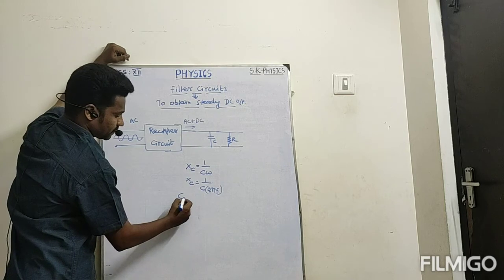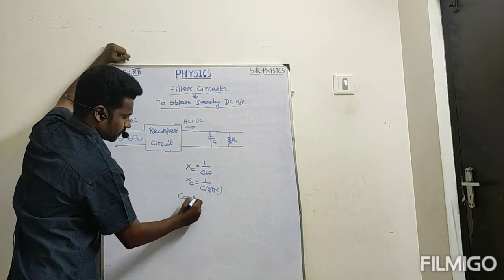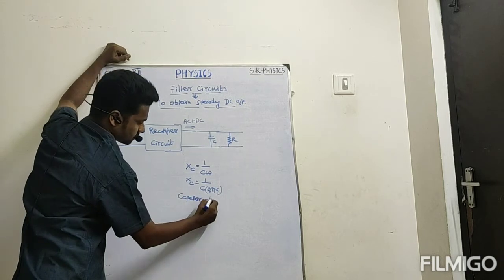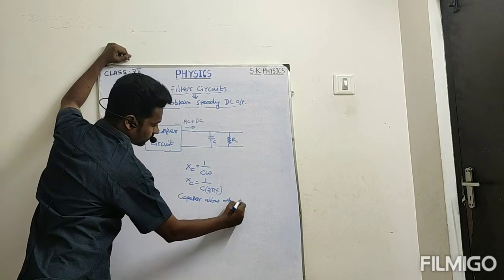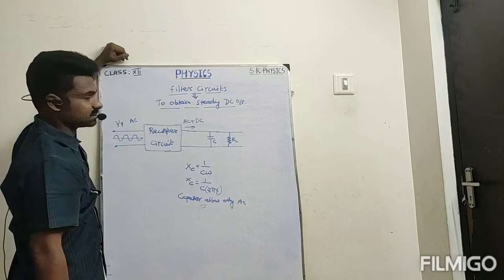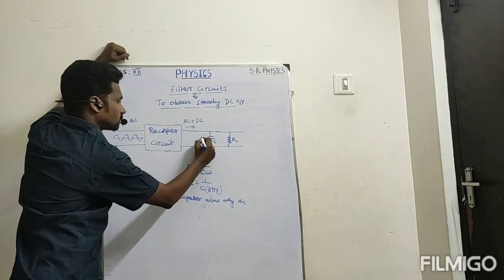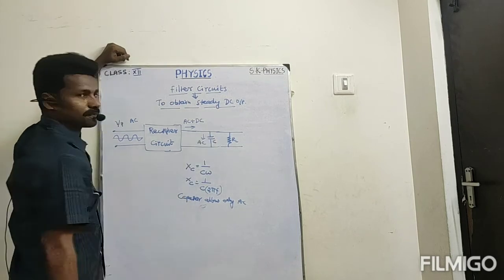So the capacitor allows only AC. It does not allow the DC. It absorbs only the AC.